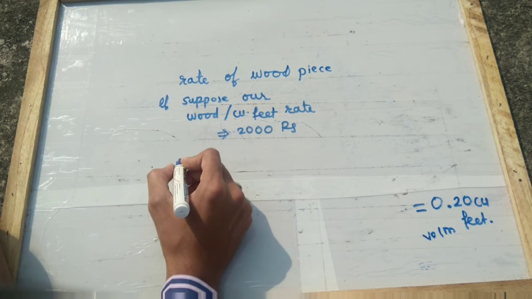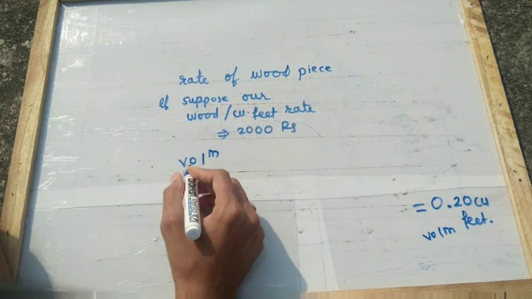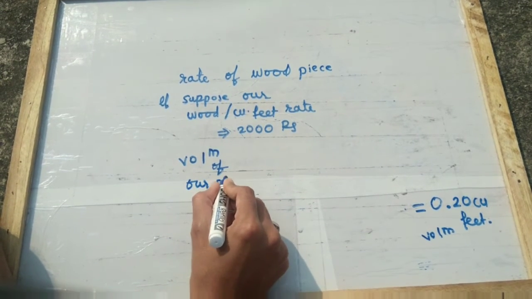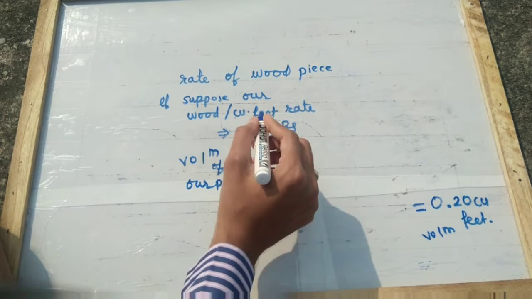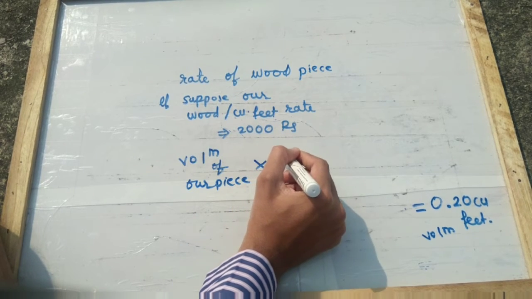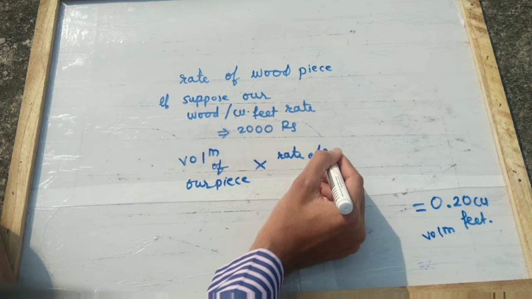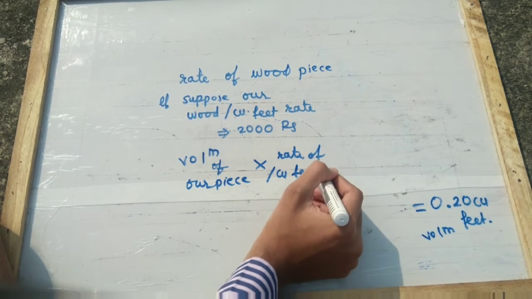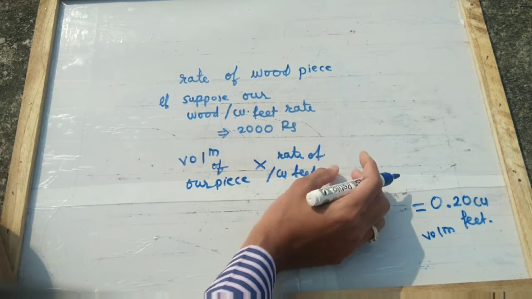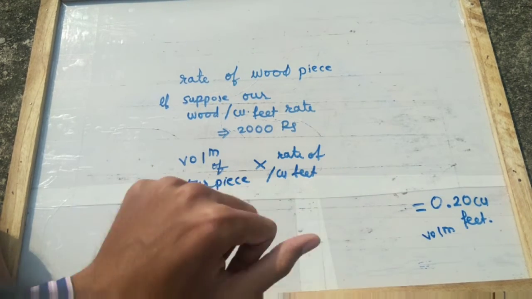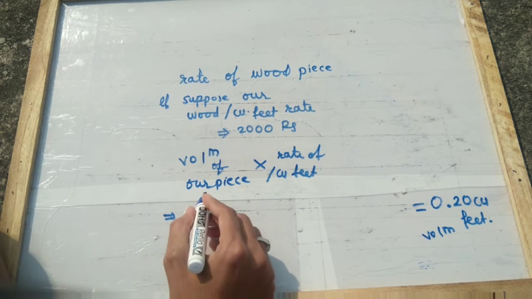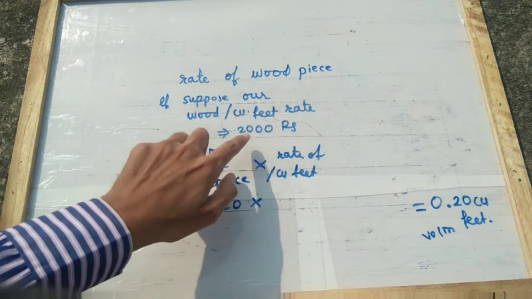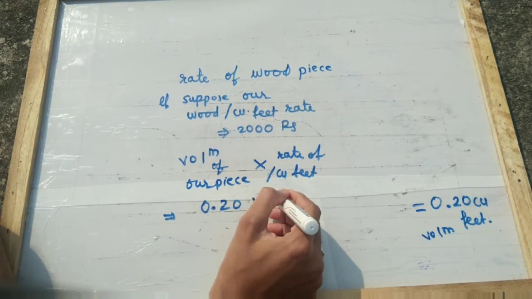So we need to calculate the volume of our wood piece multiplied by the rate per cubic feet. Now put the volume of this wood piece. The volume is equal to 0.2 into the rate of the cube feet, which is given as 2000 rupees.